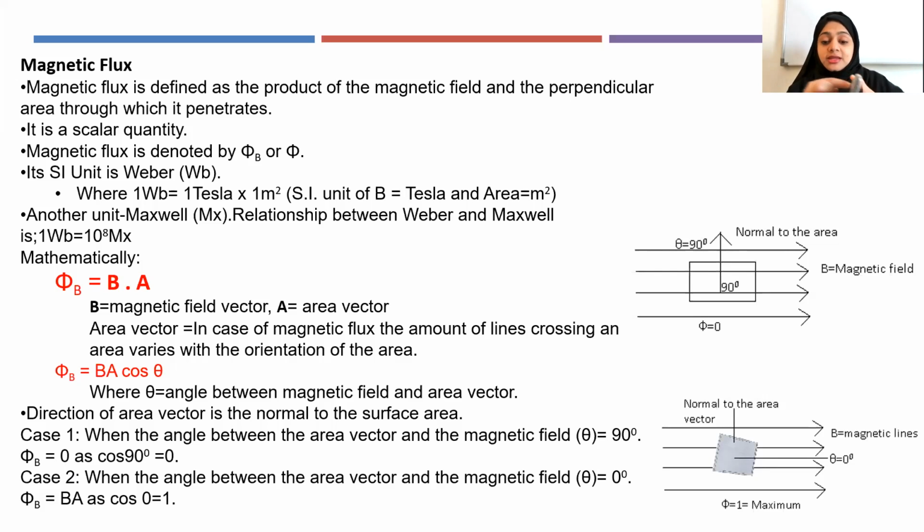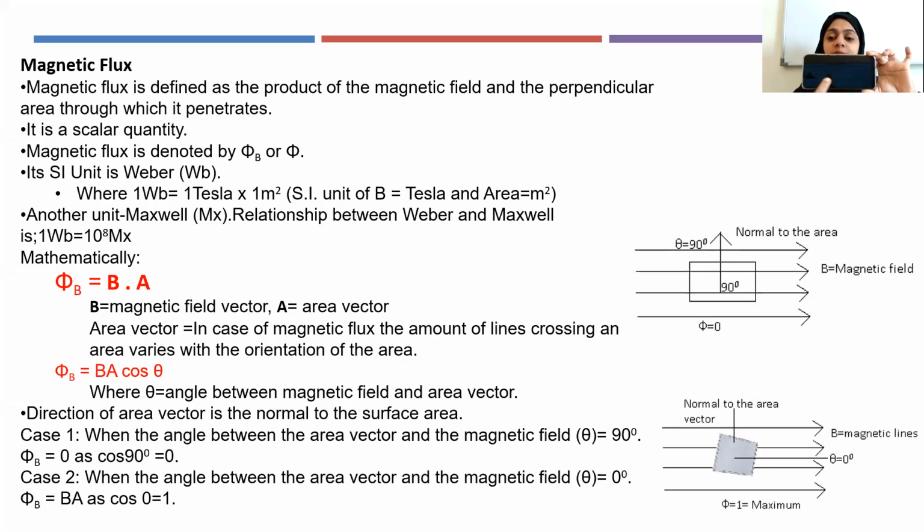Here, the angle between the area and magnetic field is 90 degrees. Suppose you have magnetic field lines going to the right, and I keep the plane or the coil of wire through which we want to find the magnetic flux like this. See, the magnetic field is going to the right, and what is the direction of area? Perpendicular, so coming out.